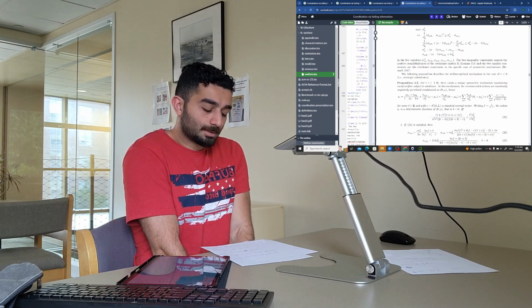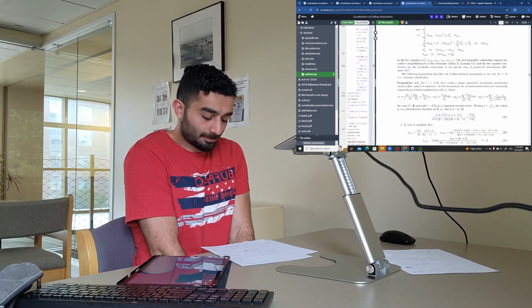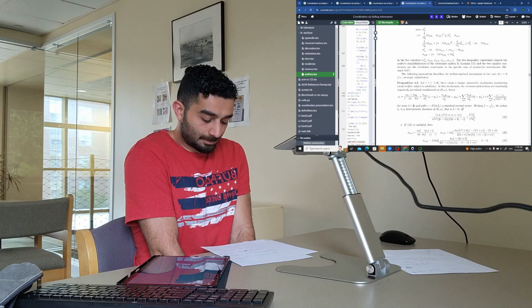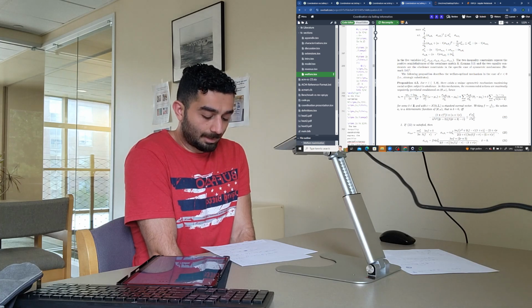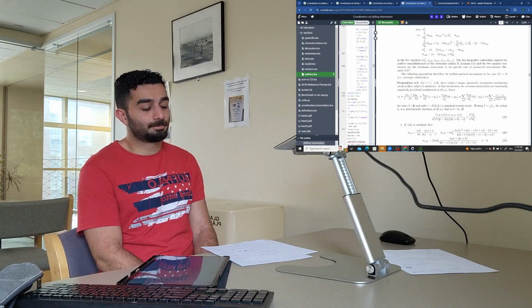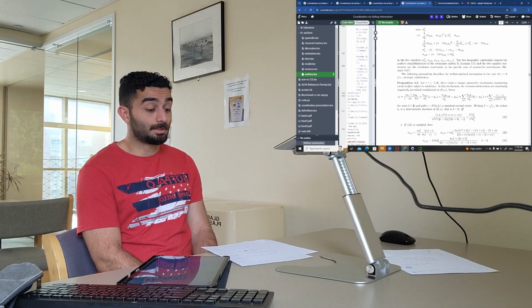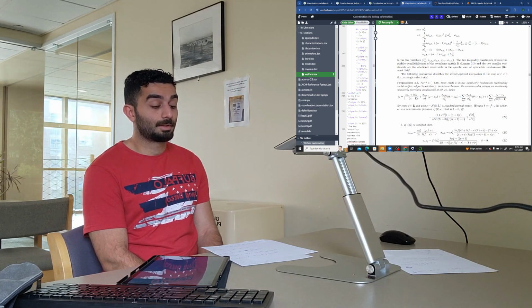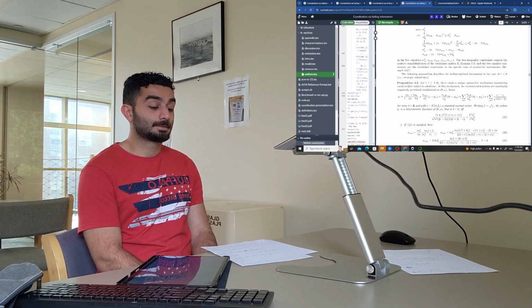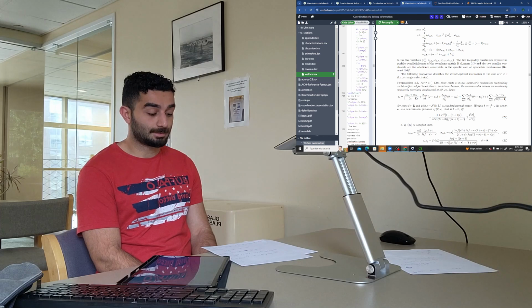So if eta is less than 2, this is positive, and again the first PSD is binding. If eta is greater than 2, the objective is increasing in sigma AJ.